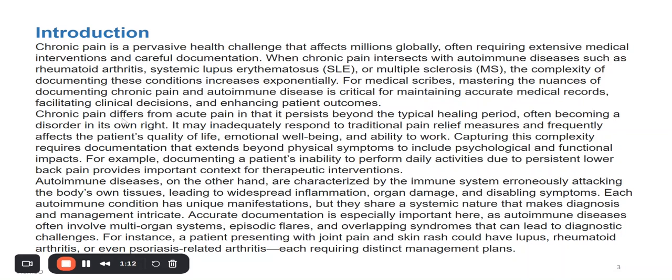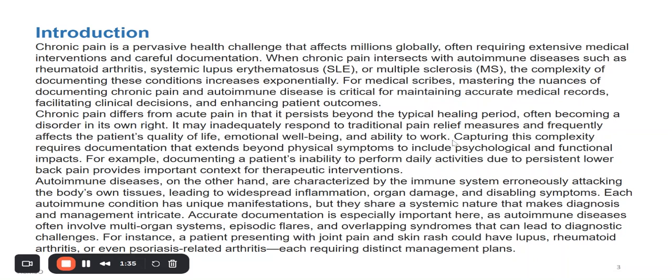Chronic pain differs from acute pain in that it persists beyond the typical healing period, often becoming a disorder in its own right. It may inadequately respond to traditional pain relief measures and frequently affects the patient's quality of life, emotional well-being, and ability to work.